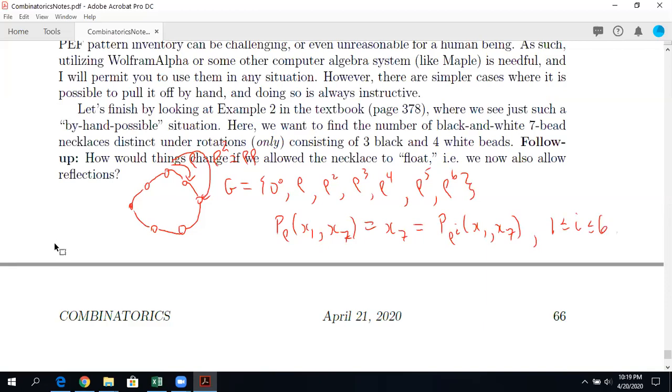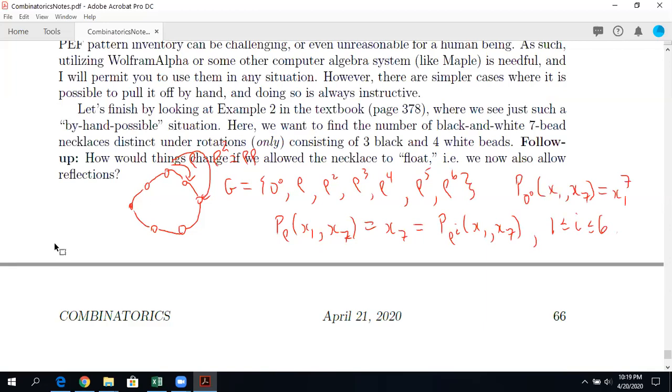And what's p of 0 degrees, x1 through x7? Well, it's going to be x1, a bunch of 1 cycles.